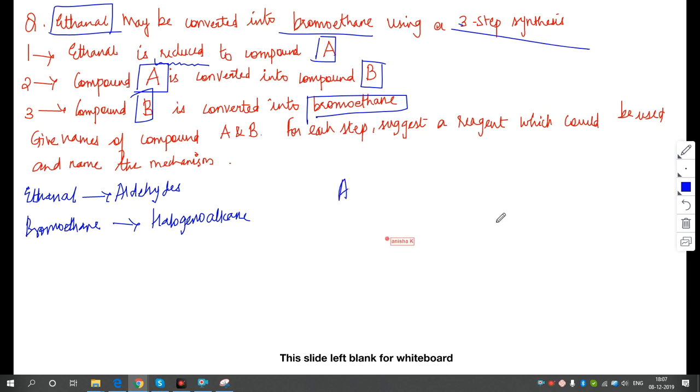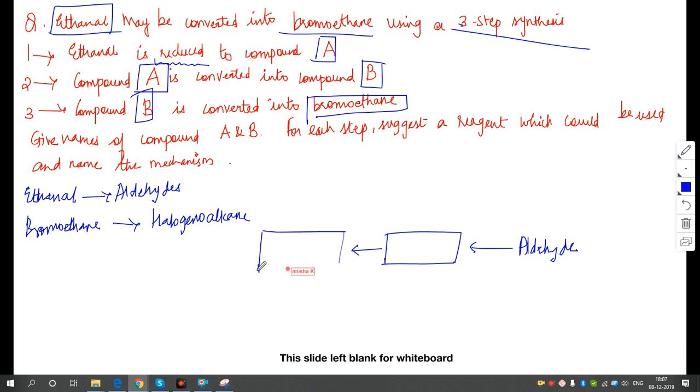Okay, let's start with aldehyde. I'll put aldehyde over here. It has been reduced to a compound. I'm moving from the first one. This compound is again reduced to another compound, right?